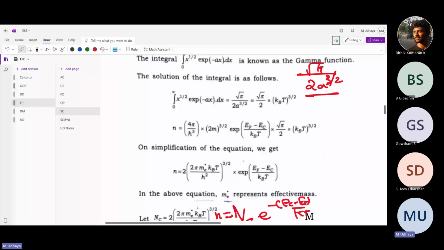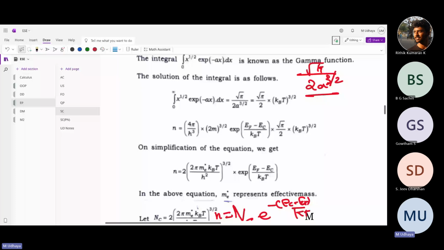There was h cube, remember, when it was h square per 3 by 2, we took it as h cube outside. Now similarly, this is h cube, so it becomes h square per 3 by 2 now. And 2 per 3 by 2 becomes what? 2 per 3 by 2, and there is also a 2 below, right? So 2 per 3 by 2 minus 1 would be just 2 in this case. Yeah, there's 4 here, sorry.